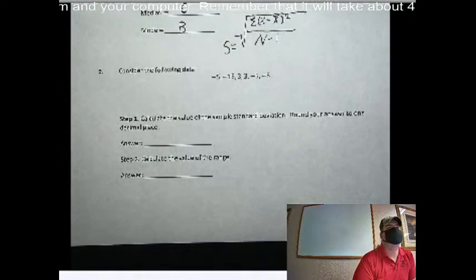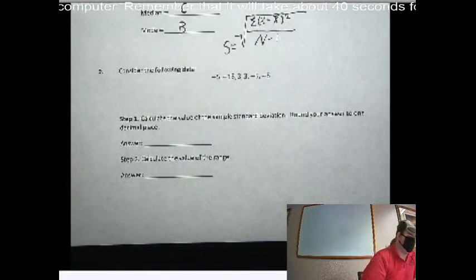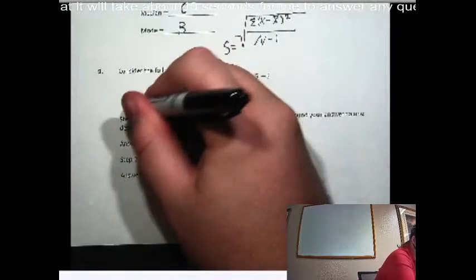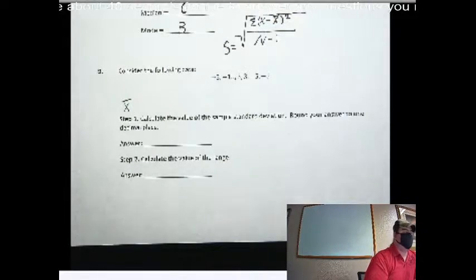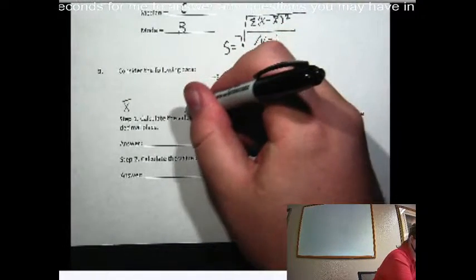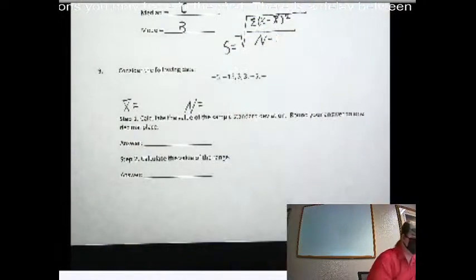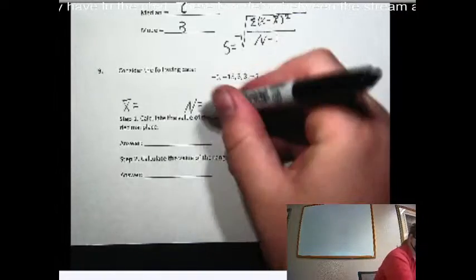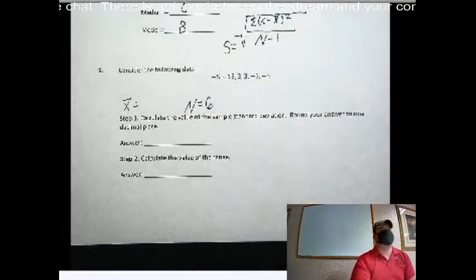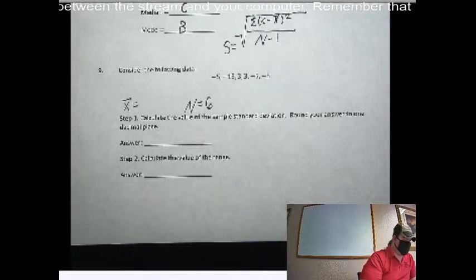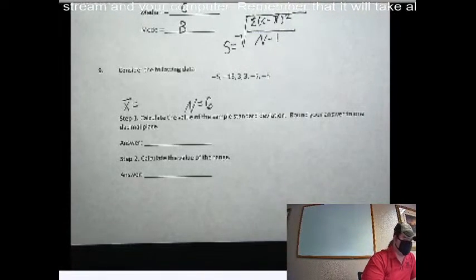Okay. So, let's go ahead and see what we get. Of course, remember, we need the mean and the N in order to calculate this. Well, N's pretty simple. What is N? 6. And so we can use that to get our mean now. All right, so we'll just add all these numbers up.